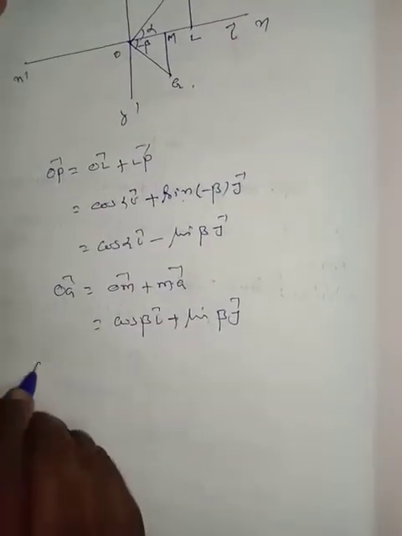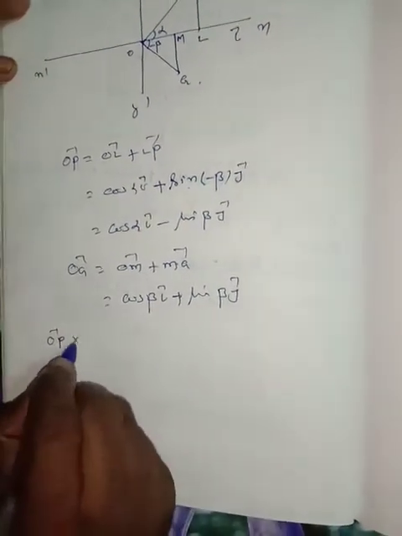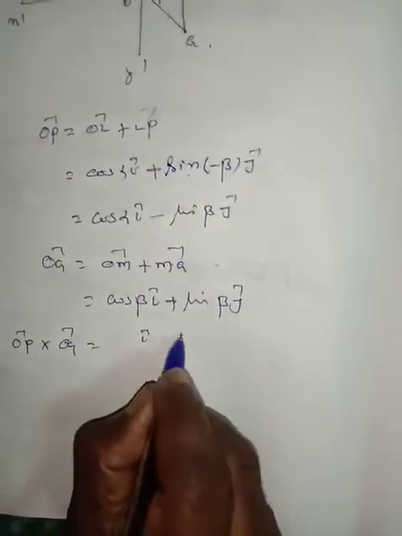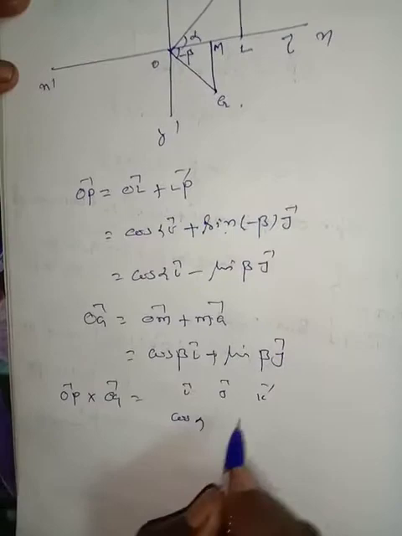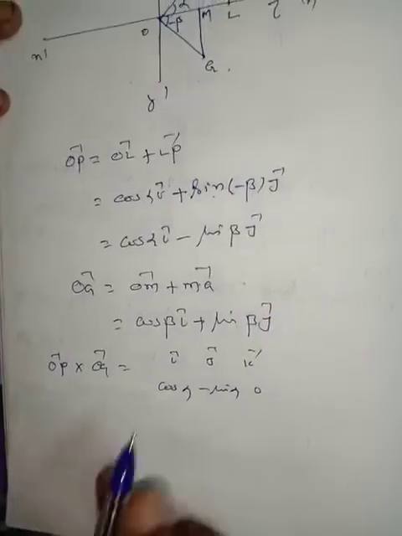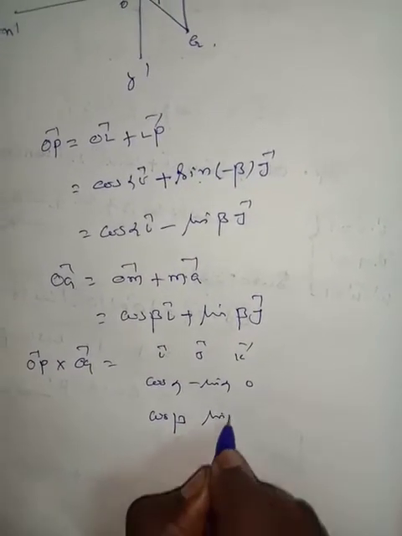Now OP vector cross OQ vector is equal to the determinant of i vector, j vector, k vector; cos alpha, minus sin alpha, 0; cos beta, sin beta, 0.